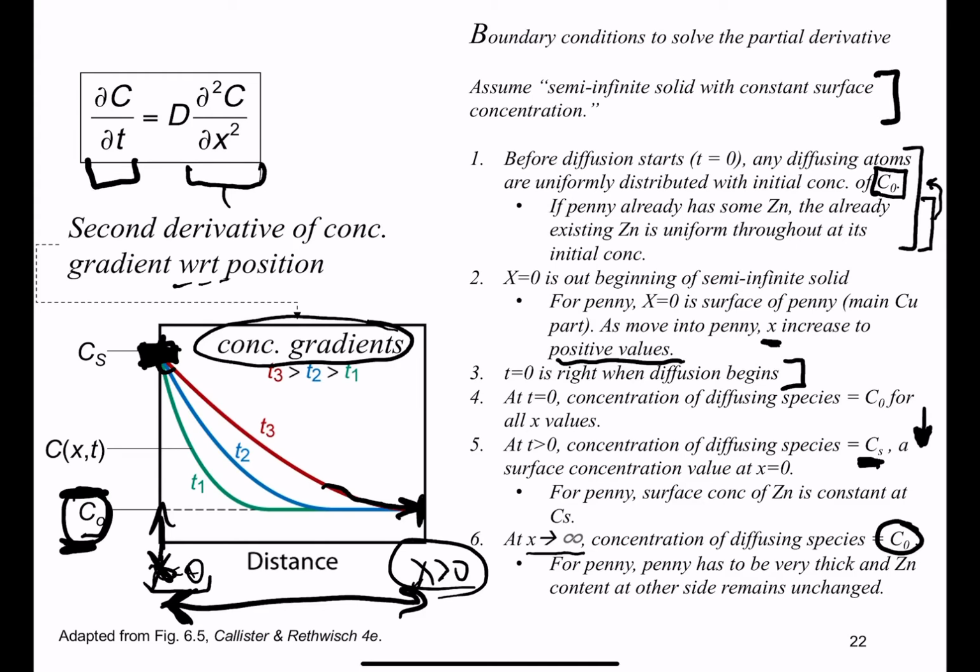Okay, so it goes therefore that the penny has to be very thick, and the zinc content at the other side is going to remain the same, reflected by the value CS, which is the other anchoring position for our concentration gradients. Okay, so all that to say, those are speaking to the boundary conditions that allowed for one solution to this second derivative, partial derivative approach for solving Fick's second law.